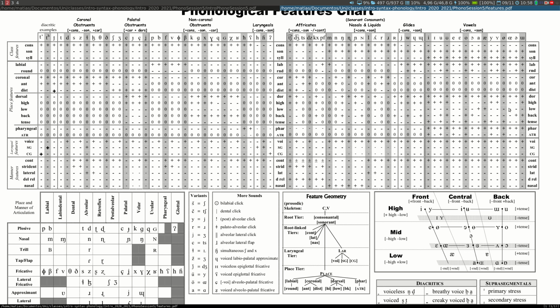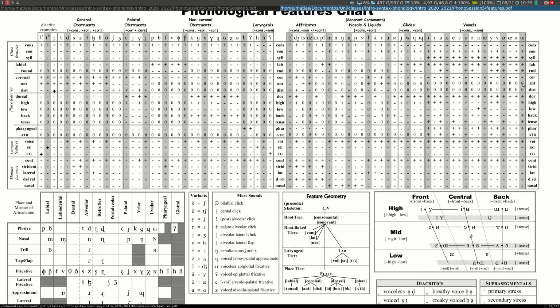Let's see, I had an example which I wanted to discuss. I think it's this one. Yes. So consider these two sounds, the unrounded U and the slightly lower U. I'm sorry, I cannot pronounce them properly, but the point I want to show you is they're here and here. So for the first three features, they are identical. Then labial and rounded, they are identical.